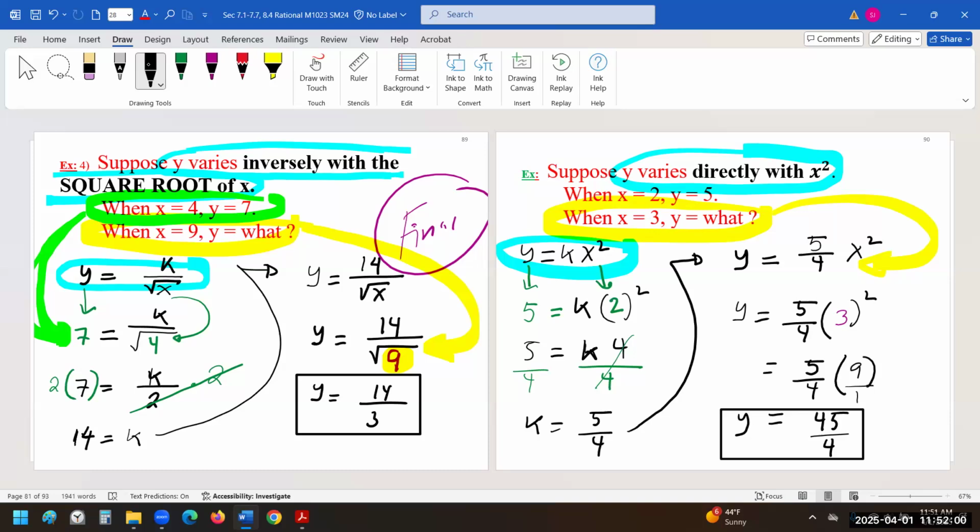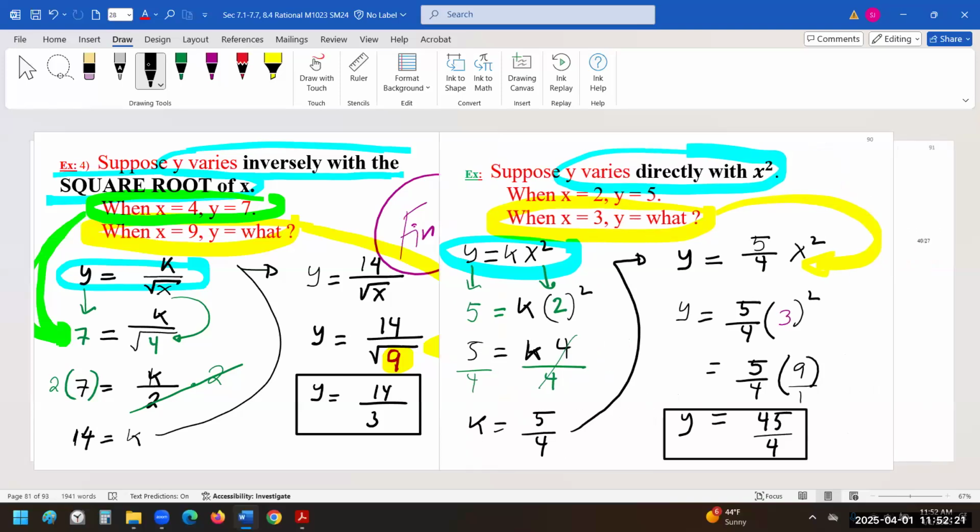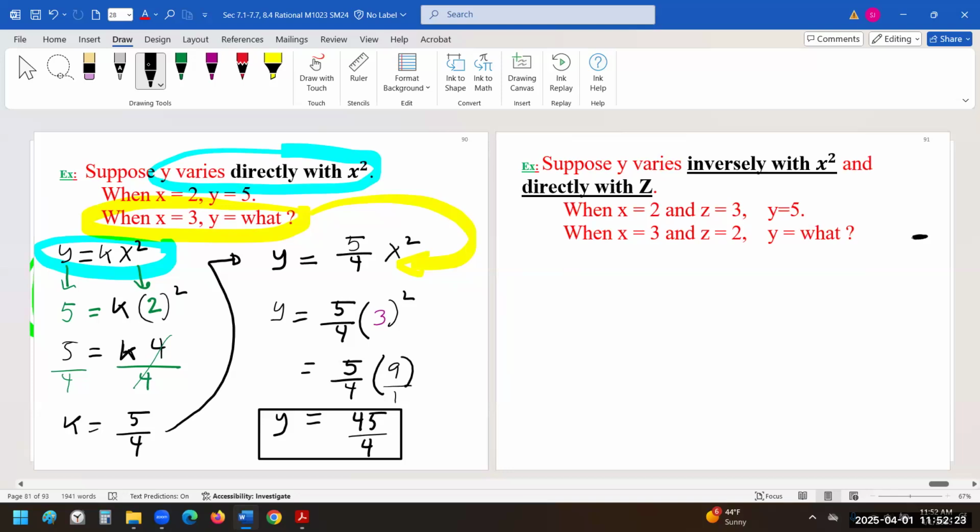What do you think about this? Easy, hard, confusing, doable? Okay, great. So we've seen what happens when they are related inversely, what happens when they are related directly, and now a weird situation. What if they have a double relation with double functions? Two types of relation with two different types of function.